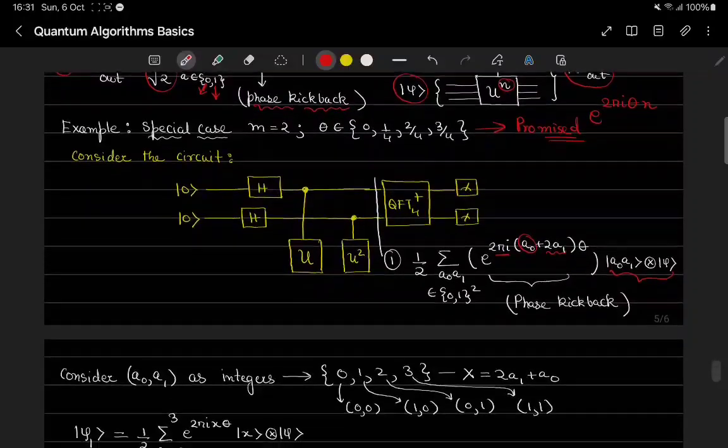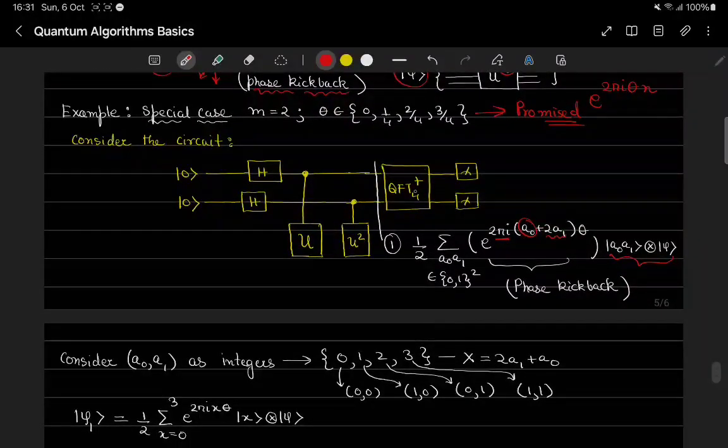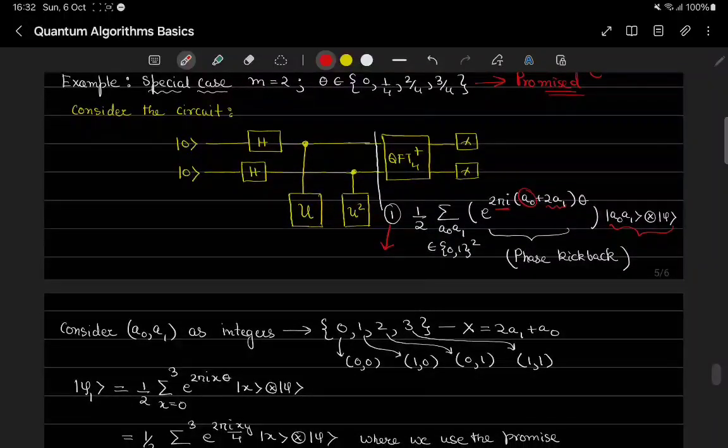So this is the action of the entire circuit, and now I have written something as QFT4 dagger, which I will discuss in a moment. But now let's just analyze this particular term, which is the output 1. For this, consider a0, a1 as integers. a0 is a variable that takes 0 or 1, a1 is a variable that takes 0 or 1, and you are summing over all of them. You can think about 0 0 as being the integer 0, 1 0 being the integer 1, 0 1 as being 2, and 1 1 as being 3.